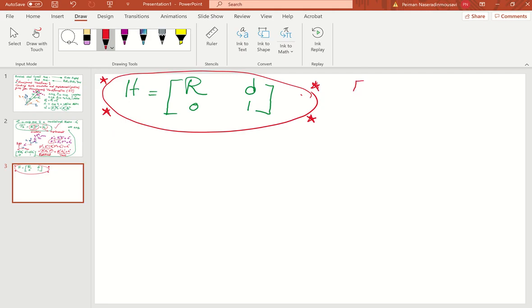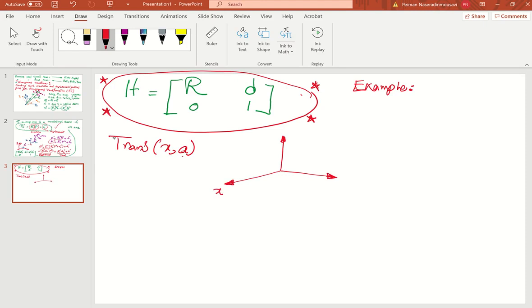So let us do some examples. Example: find the homogeneous transformation of translation x and a. It means you only have translational motion, there's no rotational motion. Look at here, guys. I want to find the homogeneous transformation of this translation along x.